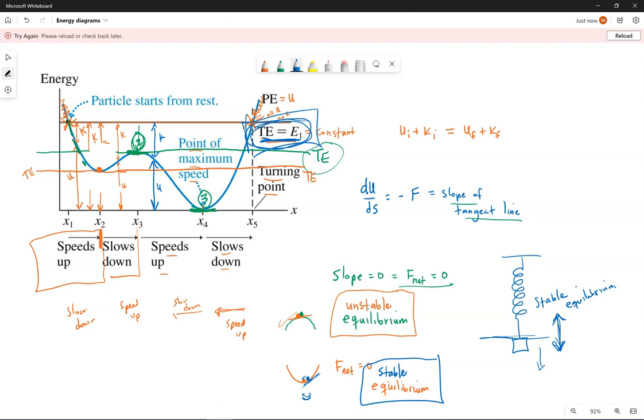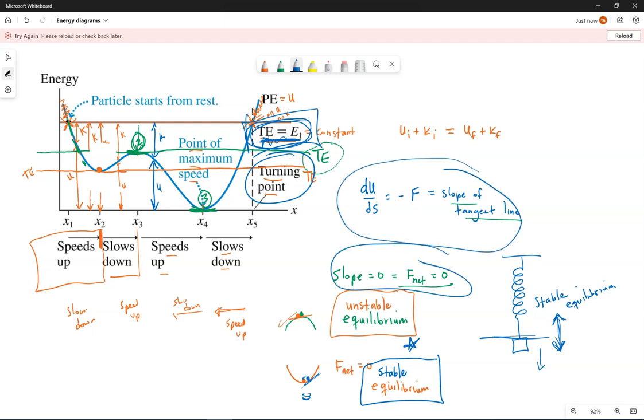If we are given a graph, we would have to be given enough information to know what the total energy is in order to answer questions about the graph. The other concepts are the turning point and then this idea of equilibrium, where the slope is zero, because we can always relate the force on the object to the slope of the tangent line.